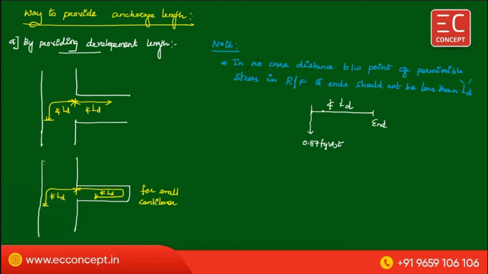And in a similar manner, suppose in the left side, this is the starting point, and this is the end point of the bar, and this value also should not be less than LD. This is important. Okay, and the next one is, this is case A. Now case B.